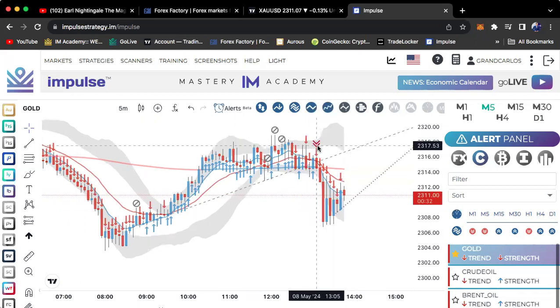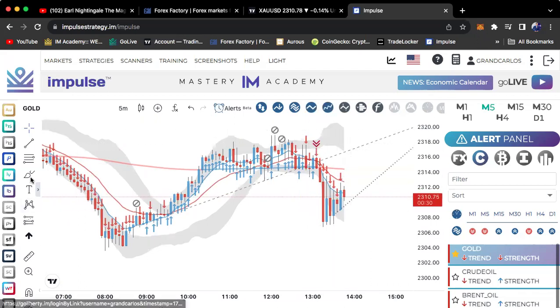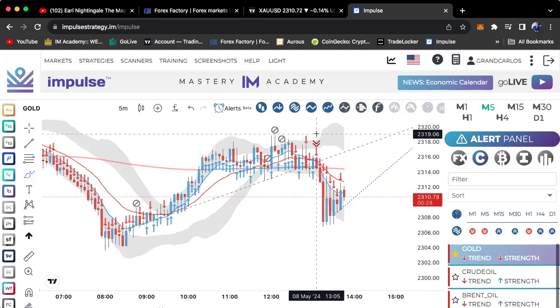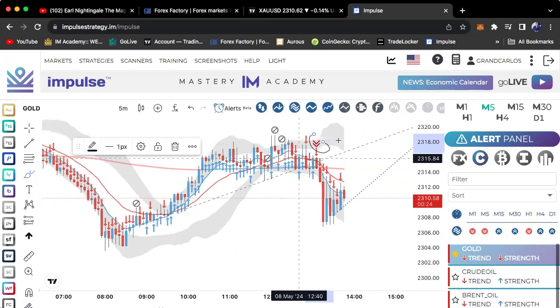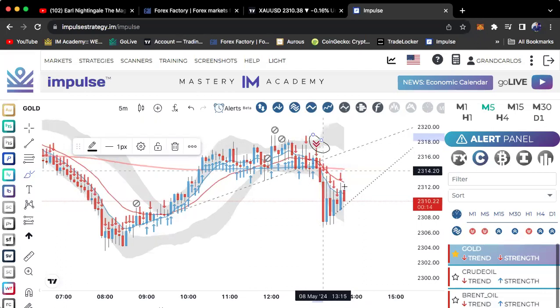You see how it's giving me a red macro trend arrow right here? It's giving me this red arrow right here. You see that? So that's a confirmation as well that it's going to continue to the downside.